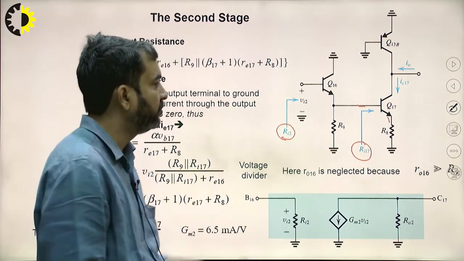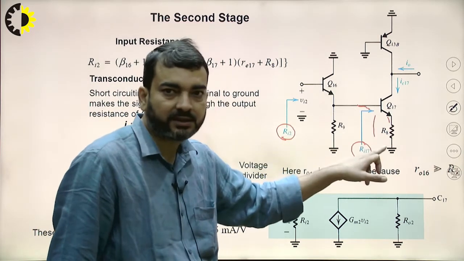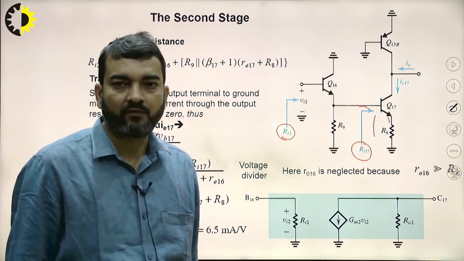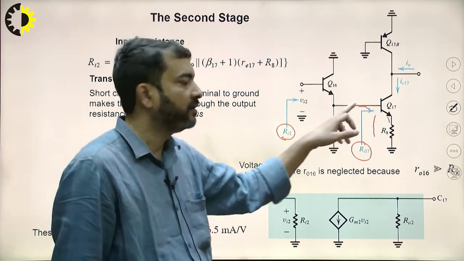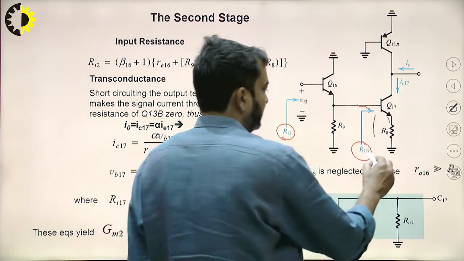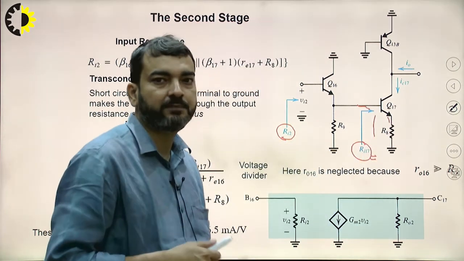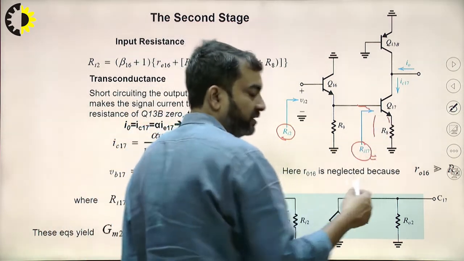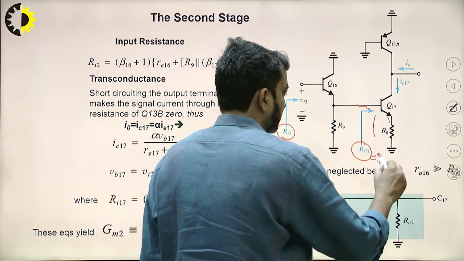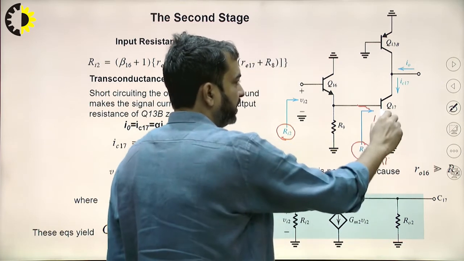If we are looking from the base terminal, all the resistances available in the emitter of the transistor will be amplified by the factor 1 plus beta. So we will say Ri17 is 1 plus beta. We will take only simple beta, the reason being beta is much higher than unity, so beta 17 multiplied by the net resistance.